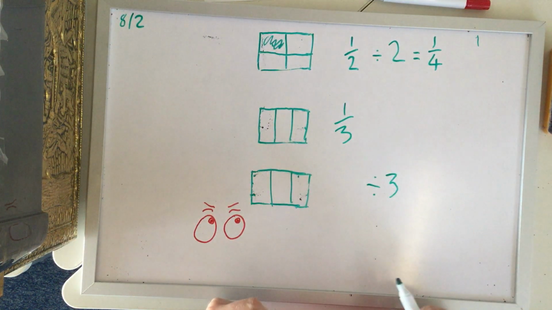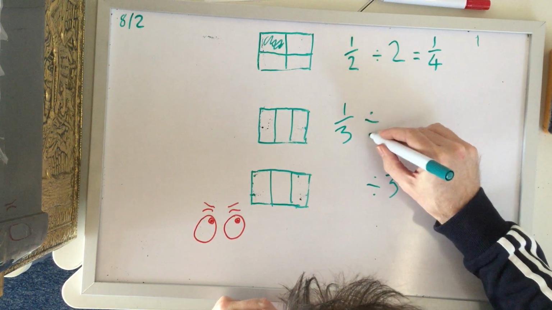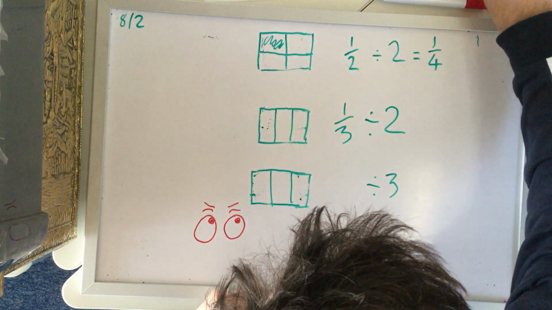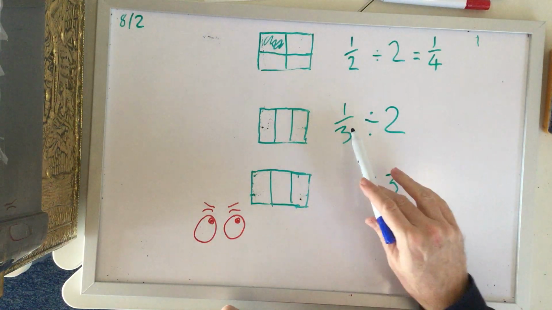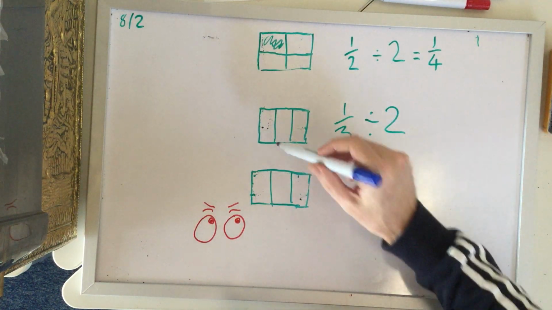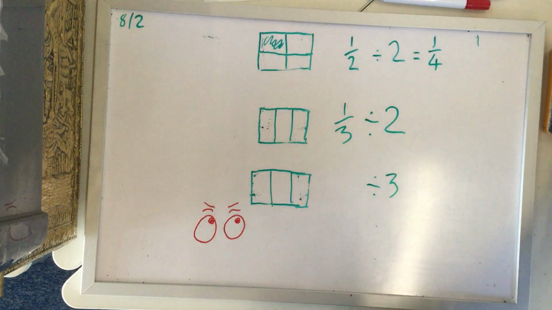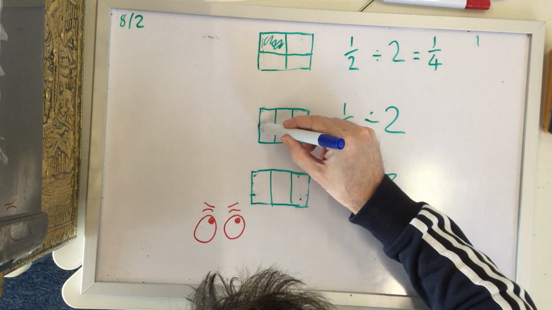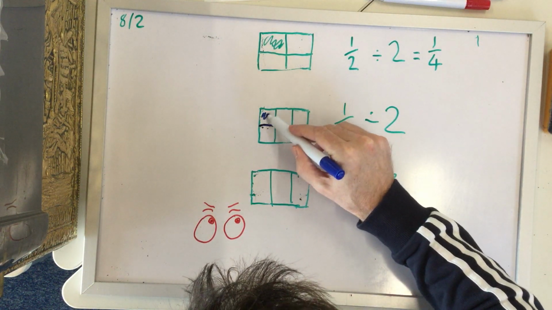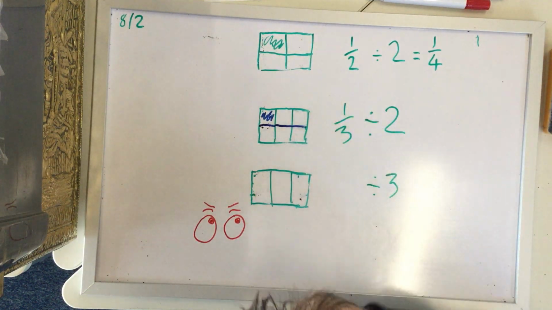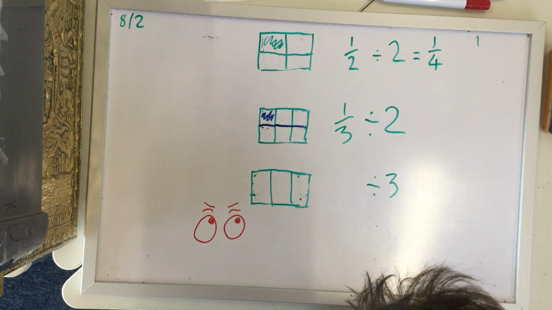So we've got my third shaded in, and I'm going to divide it by 2 again. I'm going to change colour, I fancy a change of colour. So now we've got a third divided by 2. I'm going to do the same again and split it up. So we've got this third to start with, and if we split it there, have a look, what have we got now?